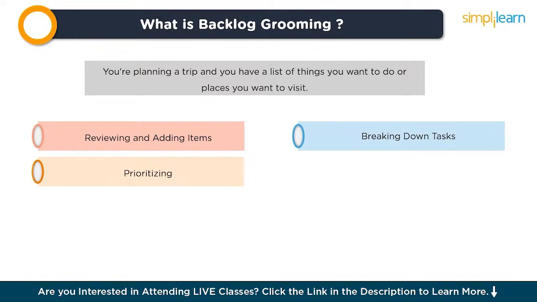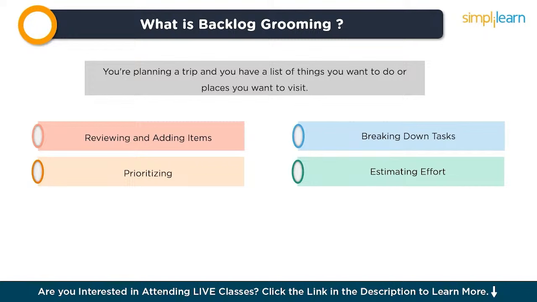So, you prioritize the items on your list based on factors like customer needs, project deadlines, or business value. Breaking down tasks. Some items on your list might be big and complex. It's easier to work on smaller, manageable tasks. In backlog grooming, you might break down big tasks into smaller ones so they can be completed more easily.